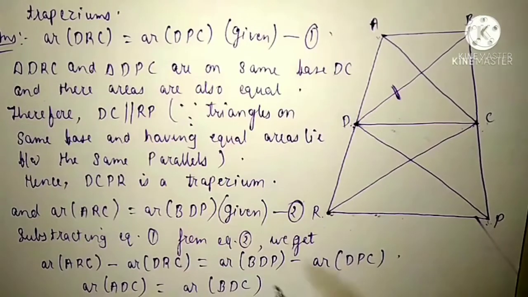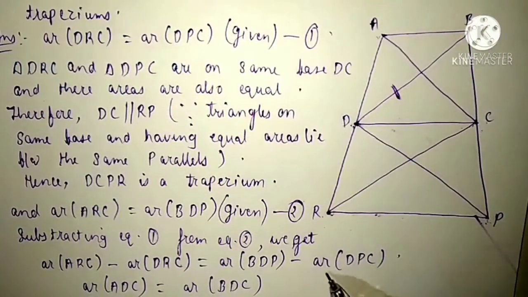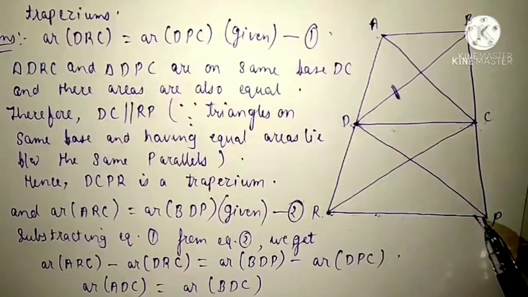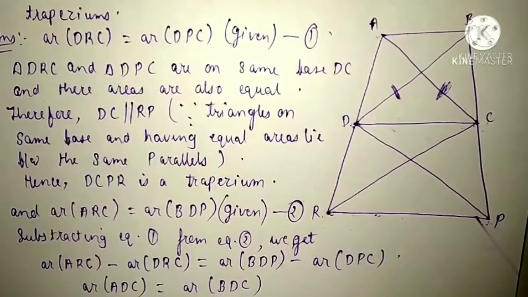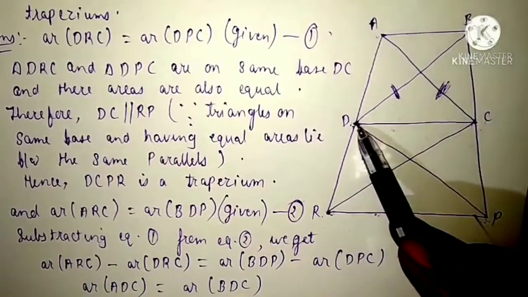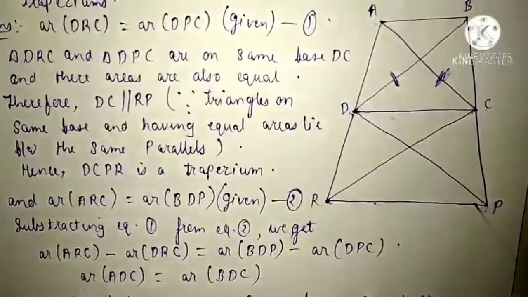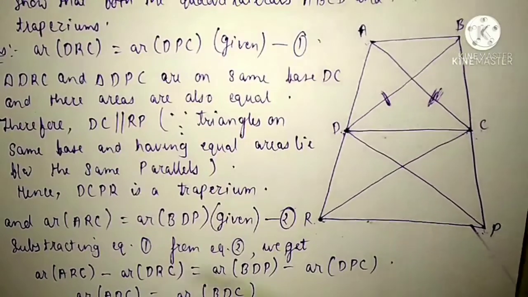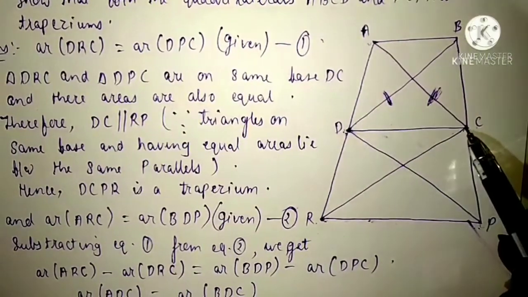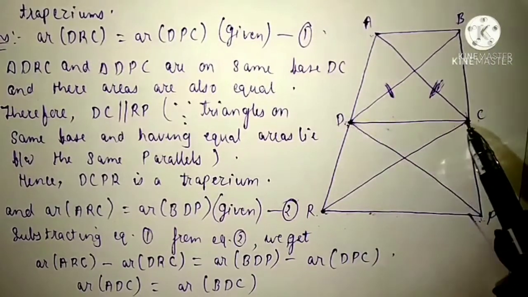Area of BDP minus area of DPC. In this also this triangle will come. So it will be equal to area of BDC. So we can see that area of ADC is equal to area of BDC.